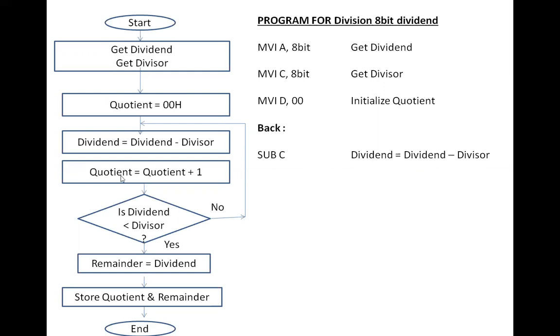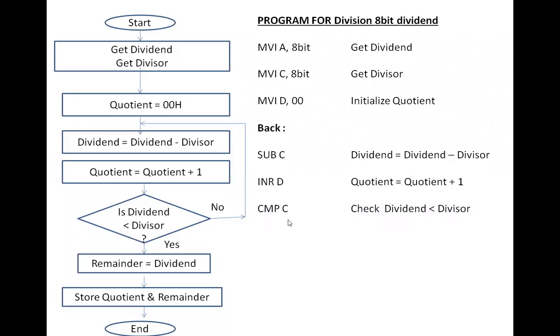And then we are going to increase the value of the quotient. So we will increment the value of D by 1. So INR D is going to increment the value of D by 1 so that it represents quotient is equal to quotient plus 1. Now we have to check whether the dividend has become less than the divisor.